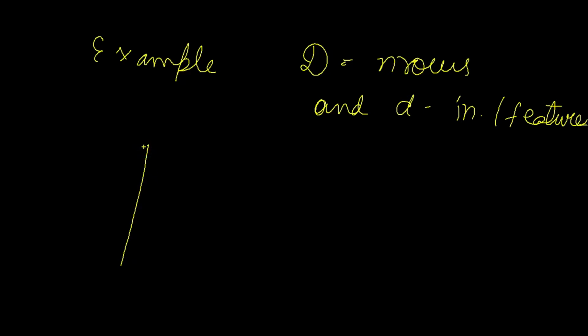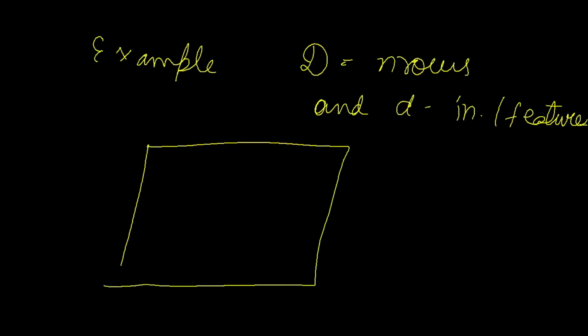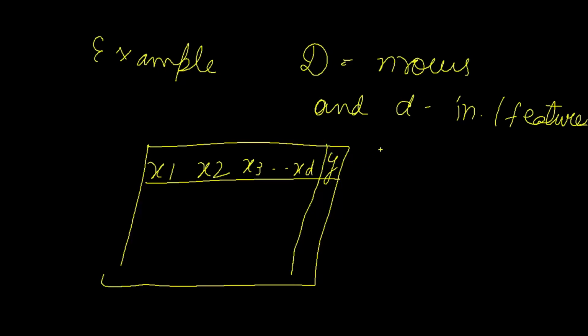Let's take it in the form of a data set, simply denoting this as feature x1, this is feature x2, this is feature x3, and in the last column we are going to have y. Now we are going to denote a particular row. Let us consider this is the ith row. Let us call it xi.